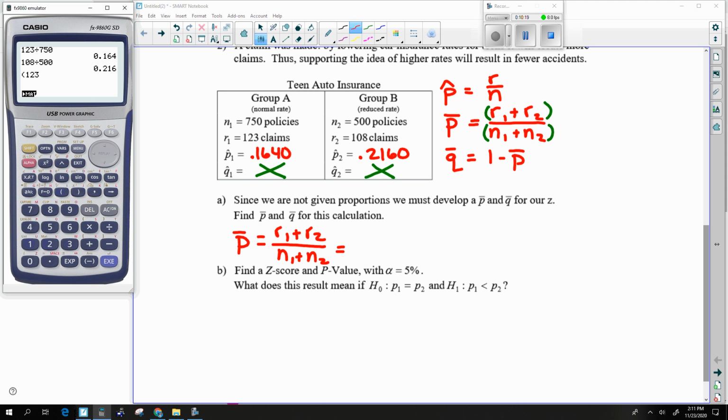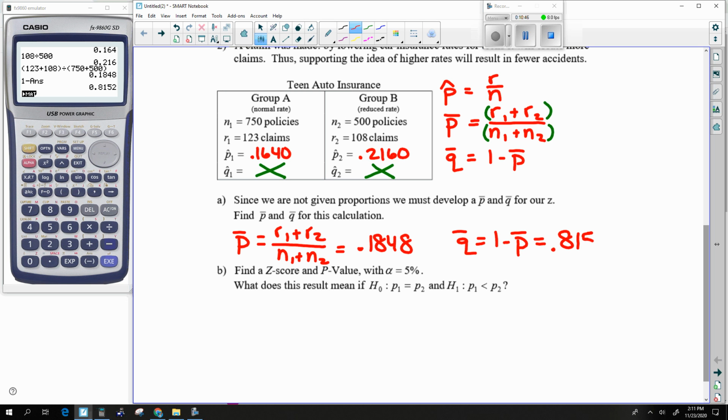So that's 123 plus 108. Again, I have to use parentheses, I don't have that cool fraction button, and then N1 plus N2. Okay, Q bar in this situation is 1 minus P bar. And that's how that's done.